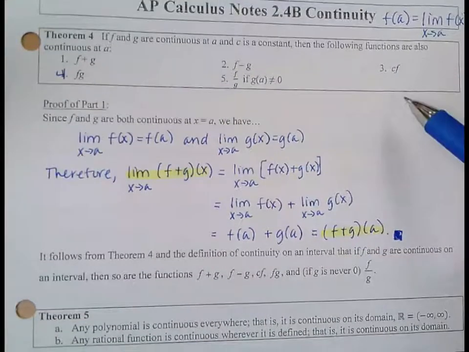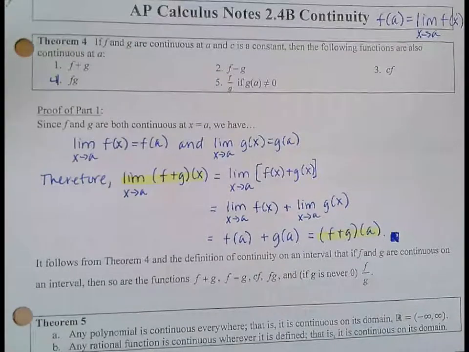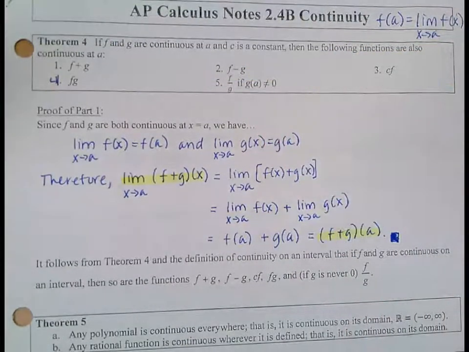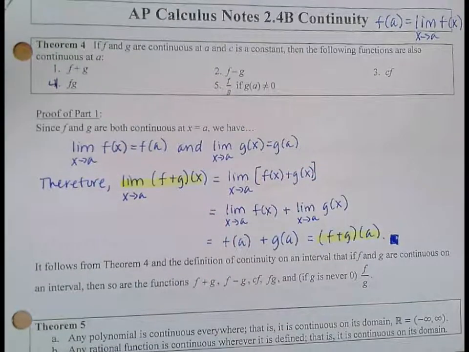You don't need to know, like, this is because of Theorem 4. I just put the numbers so that if you're using it in the practice, if they say Theorem 4, you know what theorem they're talking about. So you just need to know there's a theorem that says these things are true. The theorem itself doesn't have a specific name, so you don't need to know. The book numbered it this way. It's not just Theorem 4 of calculus says this. It's just in the book, that's how it's numbered.